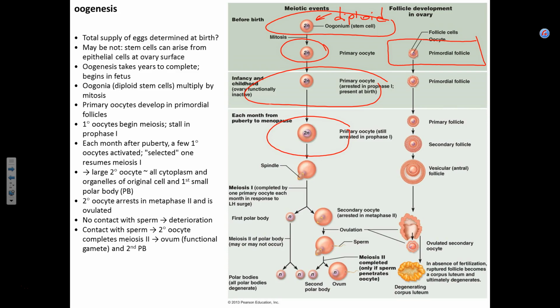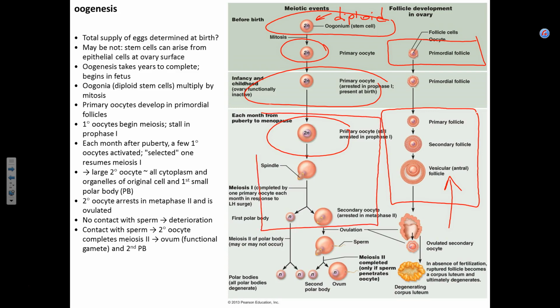enters meiosis, and this meiosis corresponds to the follicular development from primary to secondary to the vesicular or antral follicle that is mature and is ready for the ovulation. This meiotic development basically completes meiosis 1.